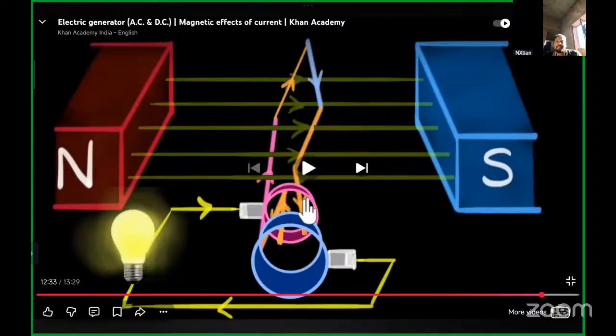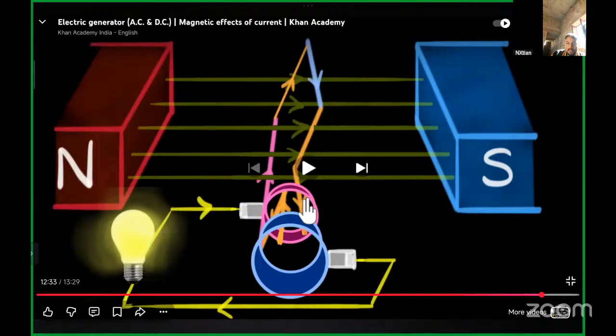Did you understand? The electromagnetic induction is the same, but the split rings are there, which make them contact with the same shaft so that the current direction doesn't change. Inside the coil, which is near the magnetic field, the current is reversing.